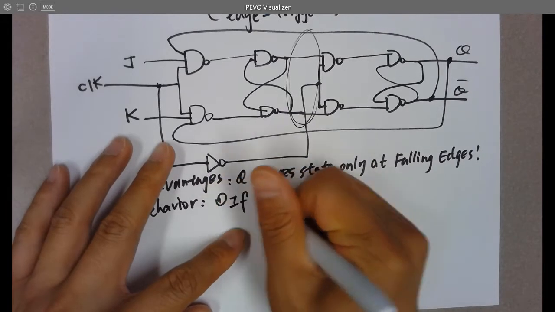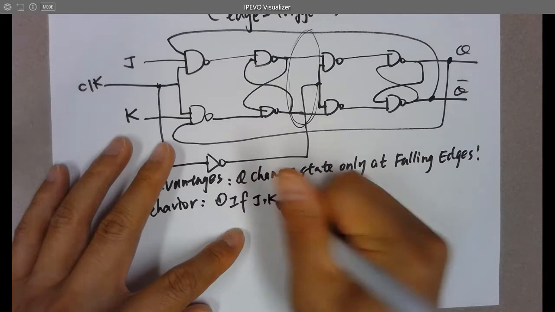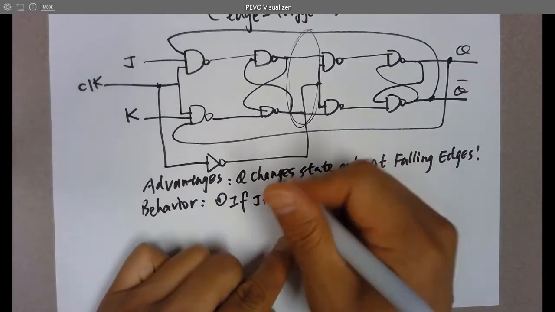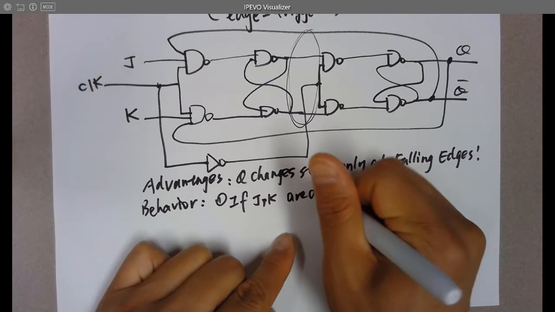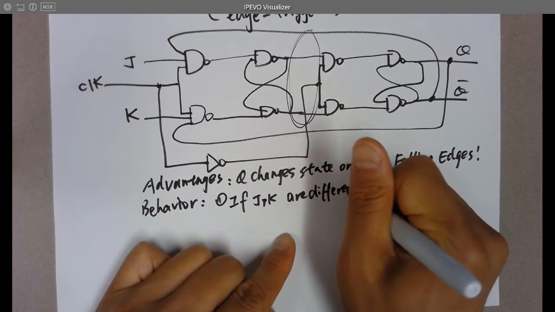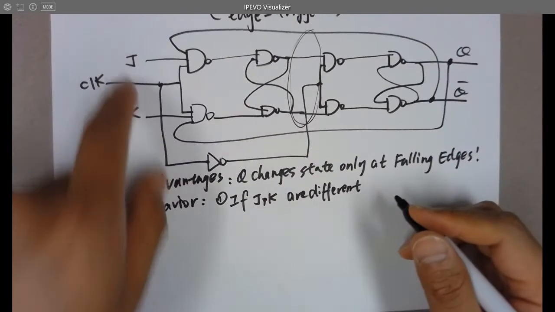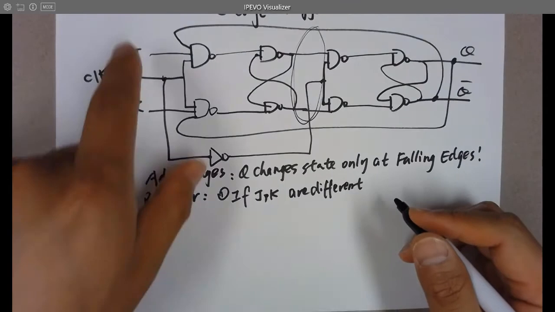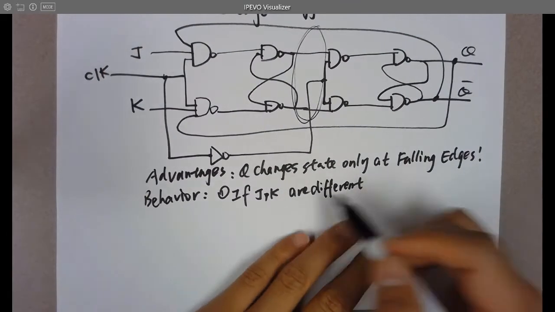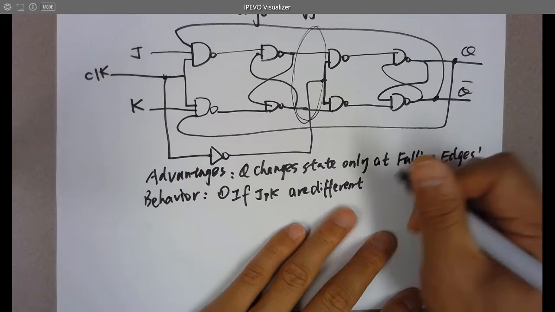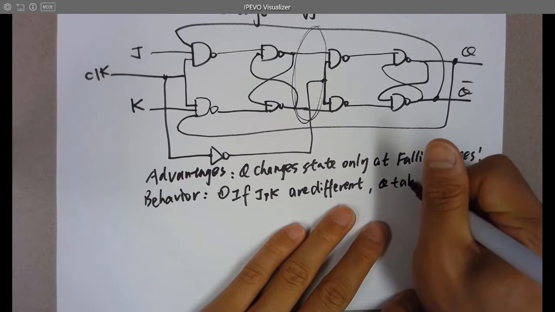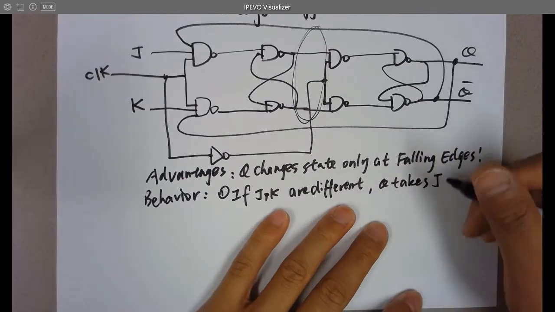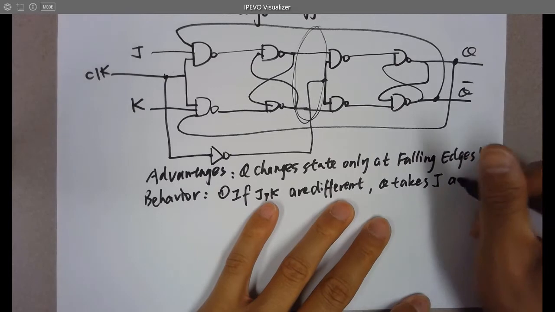So if J, K are different, which means JK is 1, 0 or 0, 1, so they're different, then Q takes J at the next clock edge.